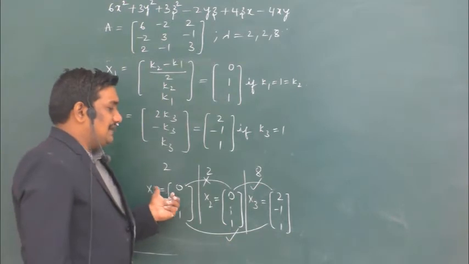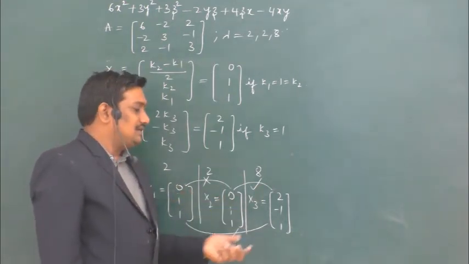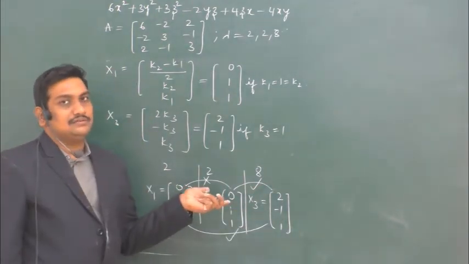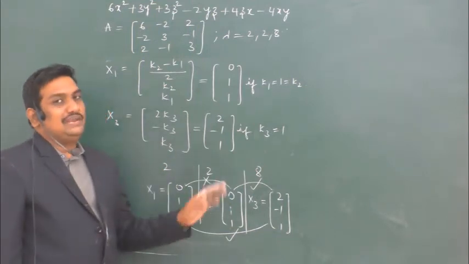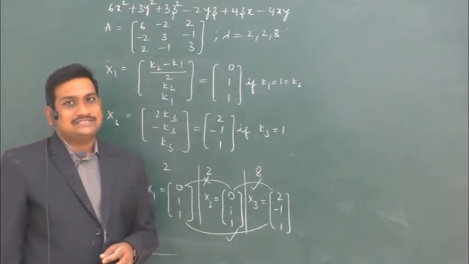So 1 and 2 are not orthogonal, 2 and 3 are orthogonal, 1 and 3 are orthogonal. Hence the mutually orthogonal condition is not satisfied.